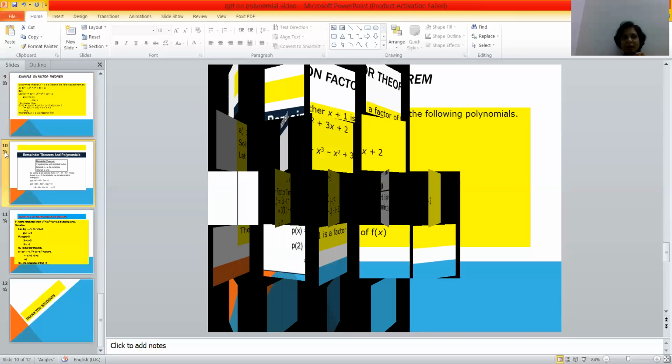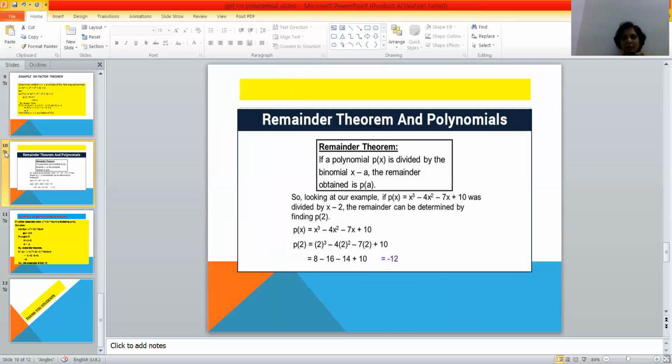Now, the remainder theorem. Remainder theorem: if a polynomial p of x is divided by the binomial x minus a, the remainder obtained is p of a.